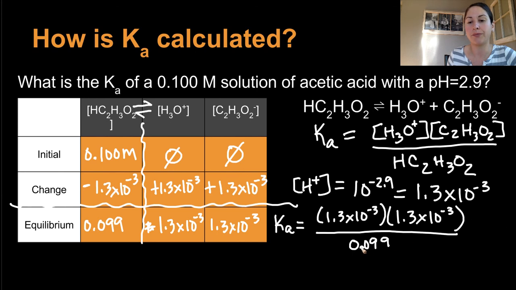When I calculate that all out, I end up with a Ka value that is 1.7 times 10 to the negative fifth. We might use that to compare to other things, or we just might want to know what the Ka value is. So again, we want to set that up in our ICE table, and then add up and plug those values in. We'll take a look at that again in class and try some practice problems.